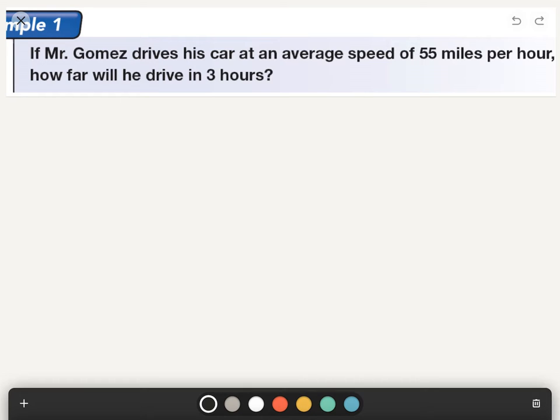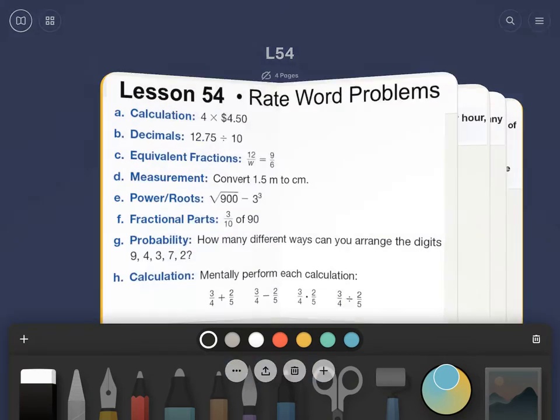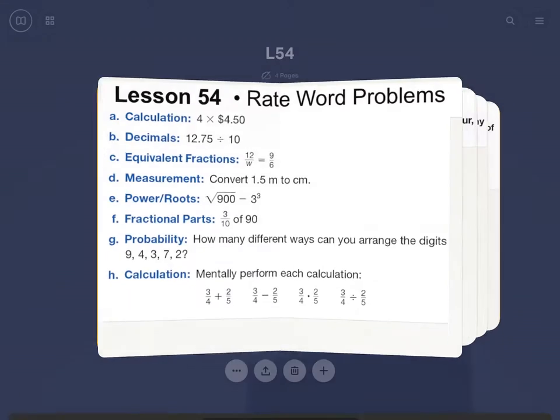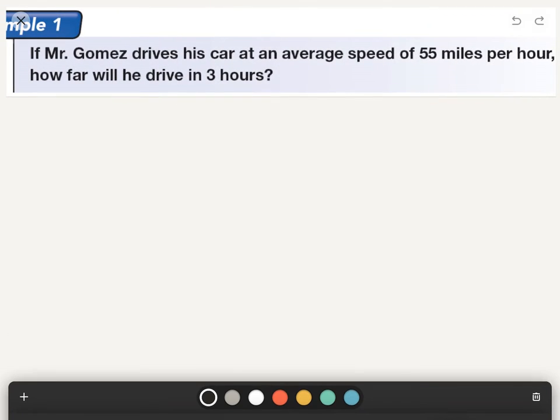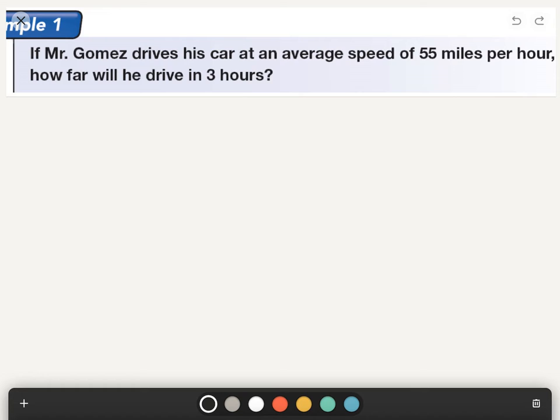Okay, so today you know how we were doing ratio boxes yesterday. Today, being lesson 54 rate word problems, we are going to use a similar thing to the ratio boxes to cover rates. And once again, I realize that looking at this, you really just need to do 55 times 3.